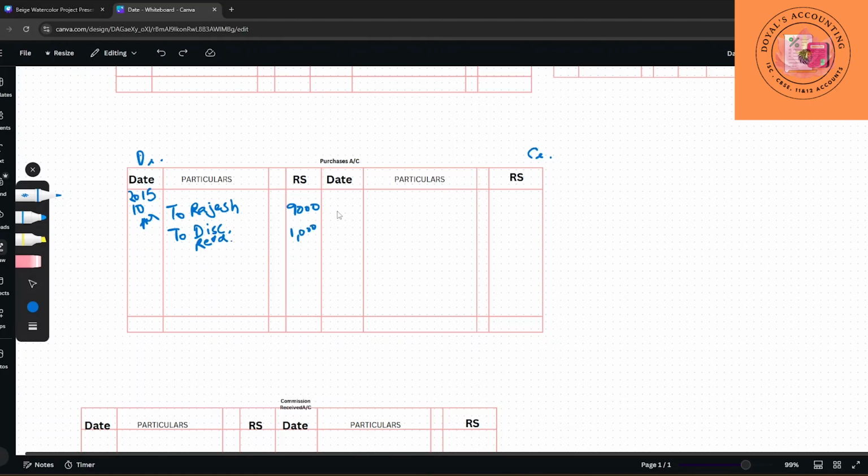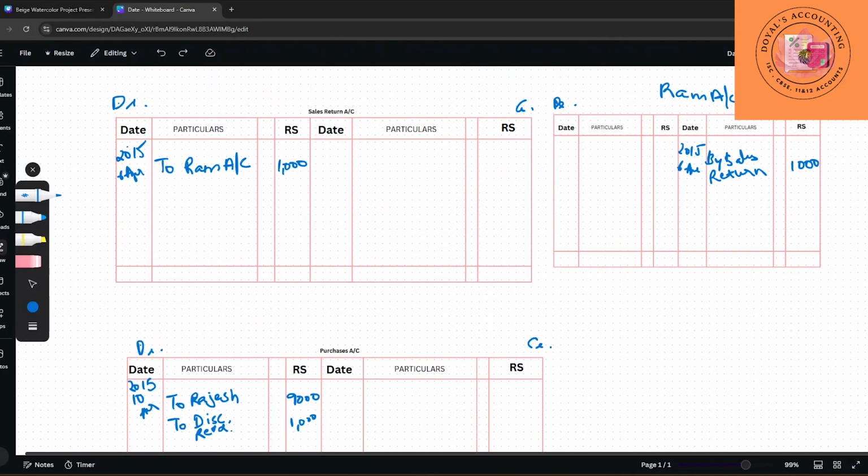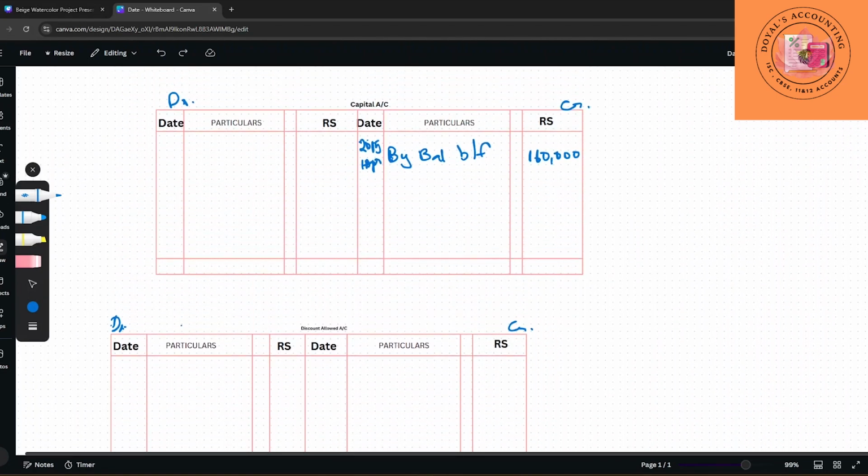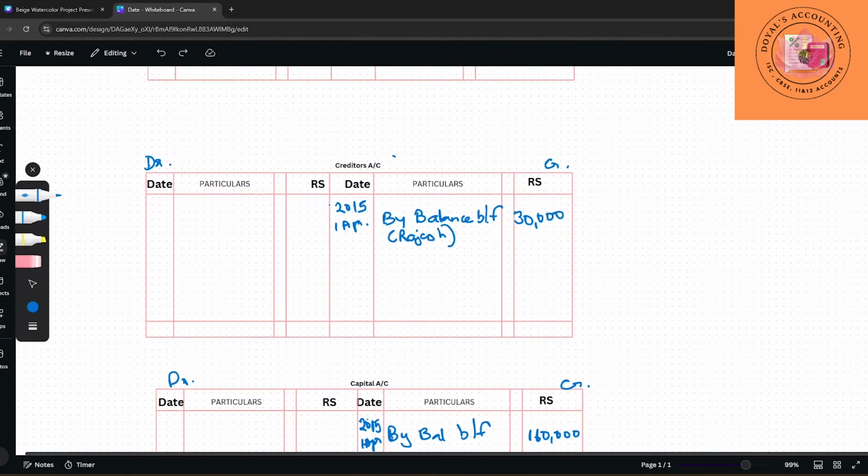Now I will go to Rajesh account. So Rajesh is my creditor, okay? I have not created a separate account in the name of Rajesh, but he is my creditor. So I will go to the creditor's account, and the journal entry was purchases account debit to Rajesh account.